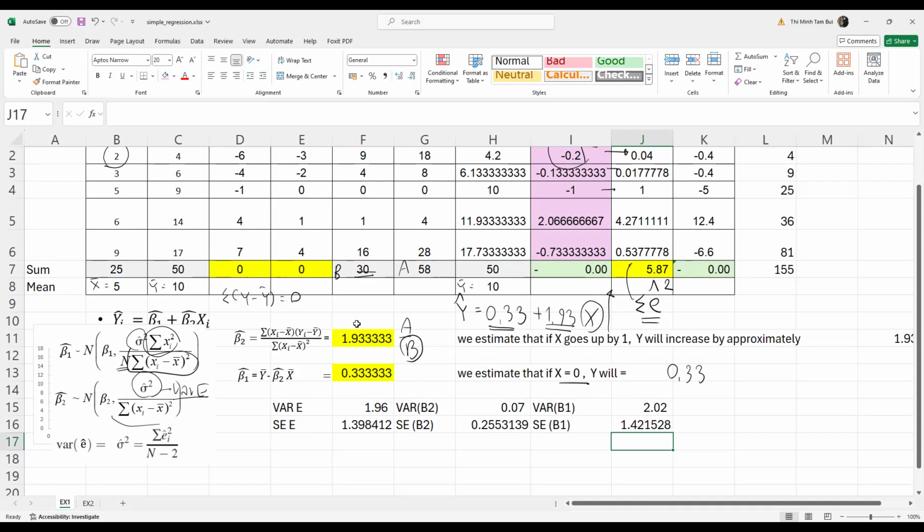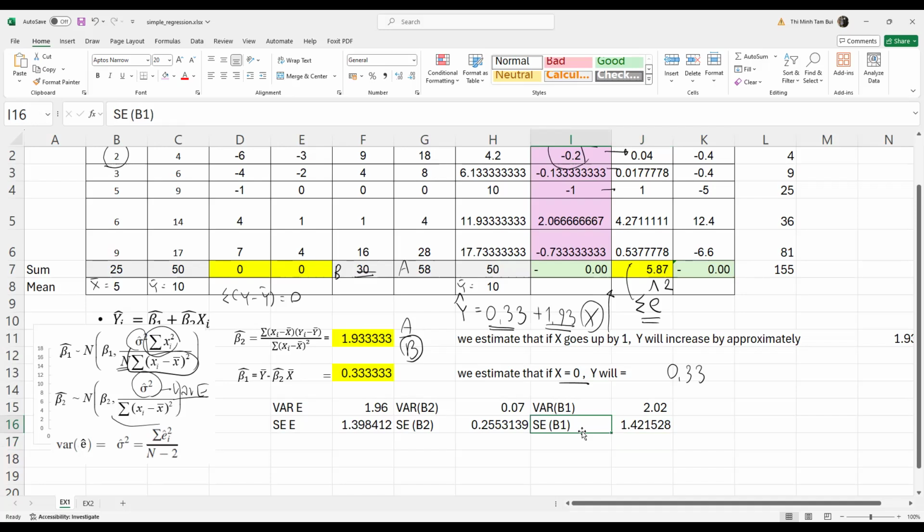Can you trust the number that you calculate or not? So today just know how to calculate. Okay, next week we will try to use this number. So the standard error is important.